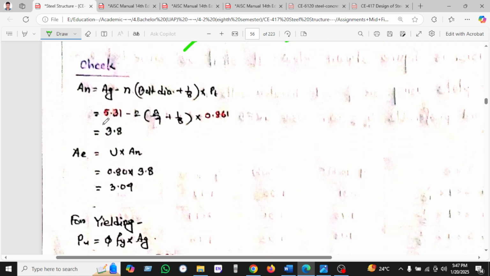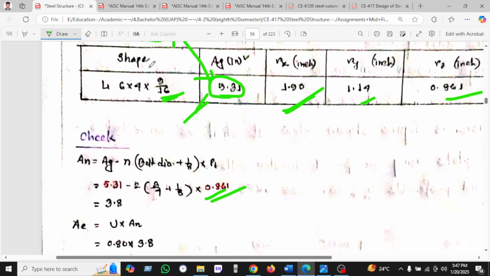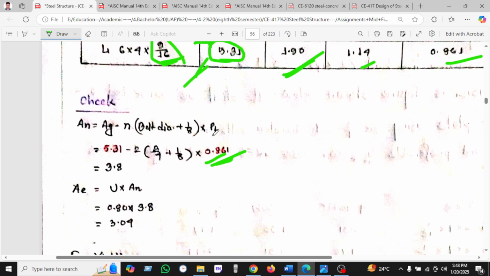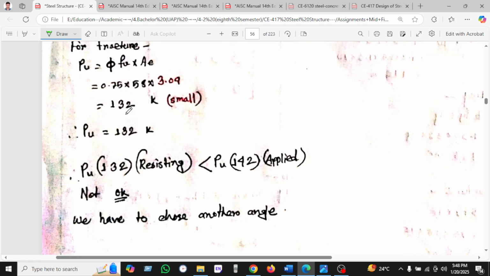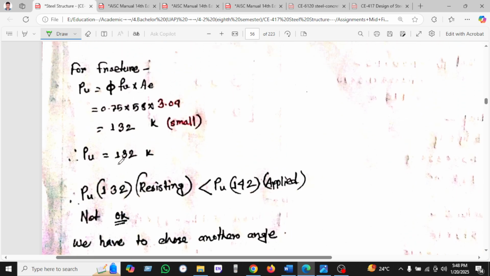Now we'll check how we get this value, and putting all these values, the plate thickness we found is 9/8, which is 0.861.